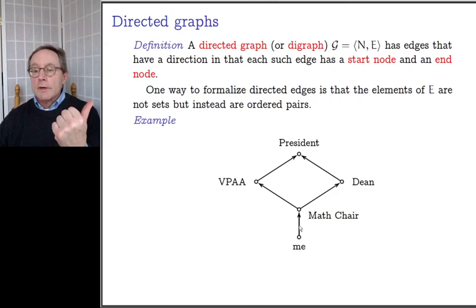This node has degree 3, so that's 4 so far. This node has degree 2, so that's 6 so far. This node has degree 2, so that's 8 so far. This node has degree 2, so that's 10 so far. 5 edges, total of degree 10.